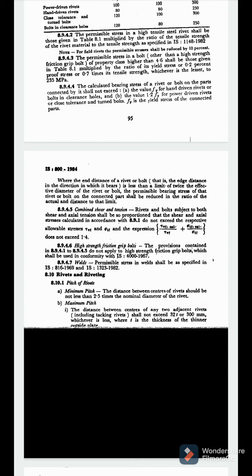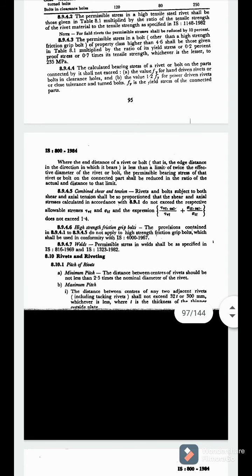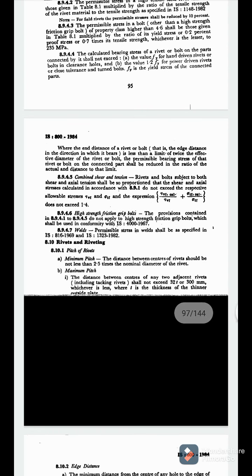The minimum pitch, the distance between the centers of rivets, should not be less than 2.5 times the nominal diameter of the rivets. Remember, this is phi, the nominal diameter, meaning the diameter of the rivet. Now maximum pitch: the distance between the centers of any two adjacent rivets including tack rivet shall not exceed 32 T or 300 mm, whichever is less, where T is the thickness of the thinner outside member.